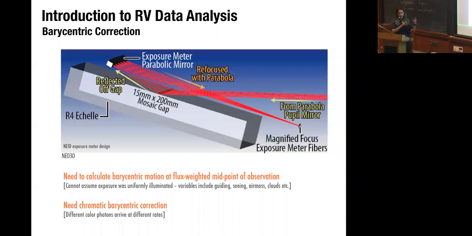So for different colors of light, you have to think about what was the point that starlight got to the barycenter in that color, which is hard. But the way we do it is to have an exposure meter that is sort of dispersed, and you can measure these different mid-exposure times.